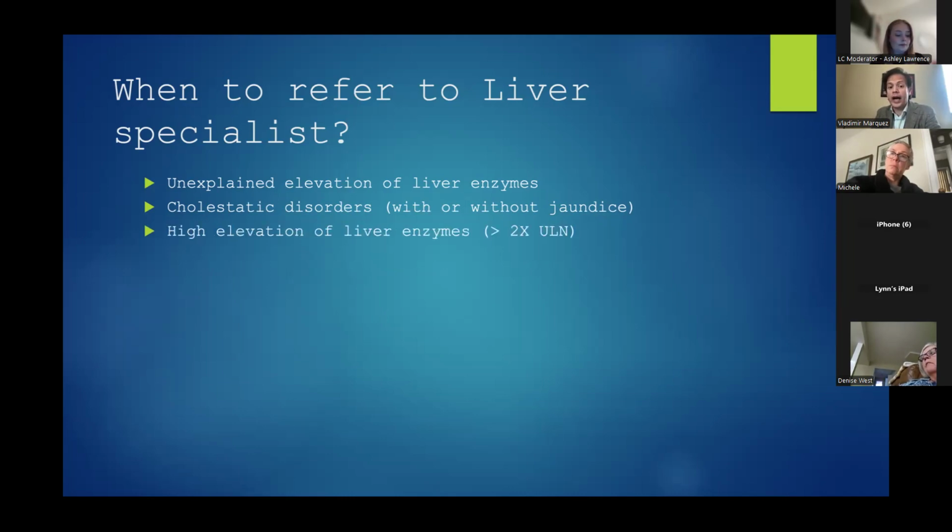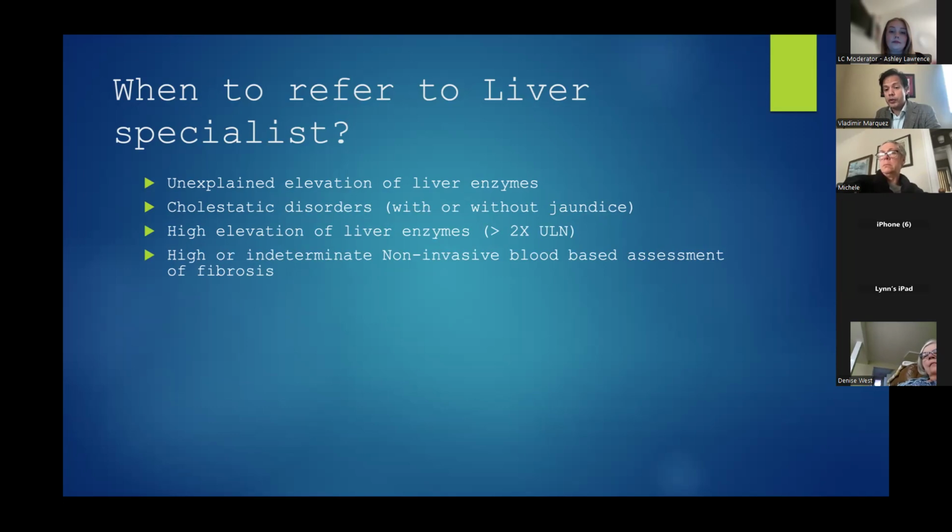If we have people with high elevation of the liver enzymes, or someone who performs some of these non-invasive blood tests and the result says this person is at risk of having high fibrosis, then it's good to have a confirmation test with us.